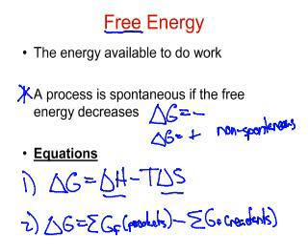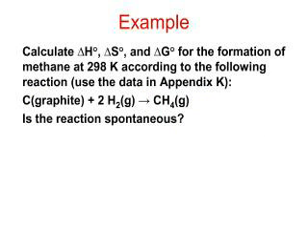Let's do an example really quick, just to show you how to use the information. So, here's the example. It's on your notes, Kelvin. We're going to calculate delta H, delta S, and delta G for the formation of methane at 298 Kelvin according to the equation that is right here.